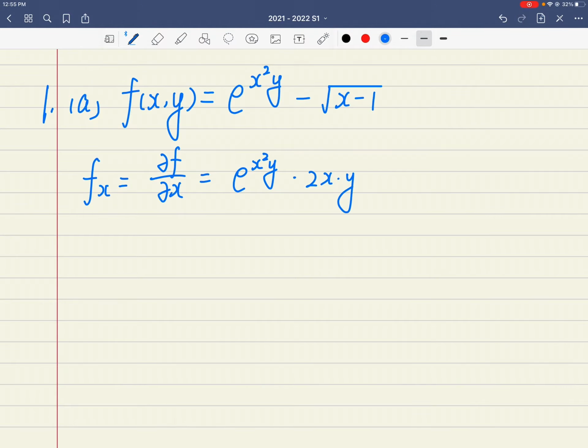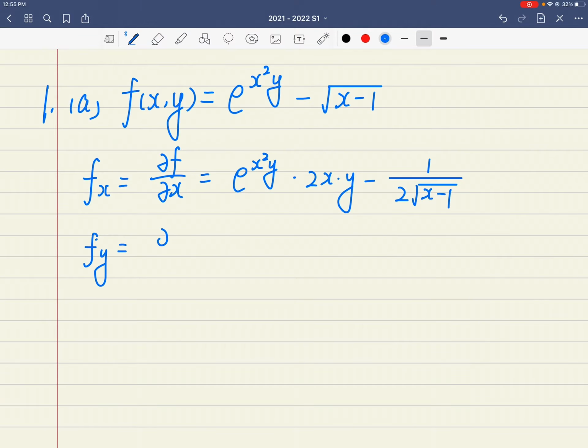And then minus, for this part, again use the chain rule: x minus 1 to the power of half, the derivative is 1 over 2 square root of x minus 1. Then x minus 1, if differentiated, is 1, so you don't have to write that down. So this will be the partial derivative by x.